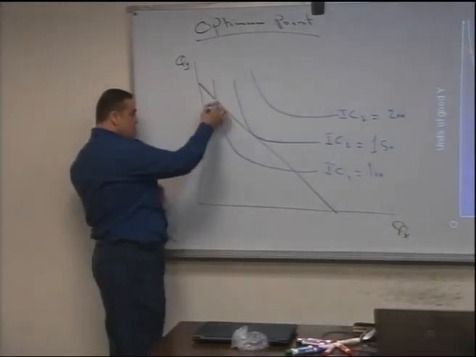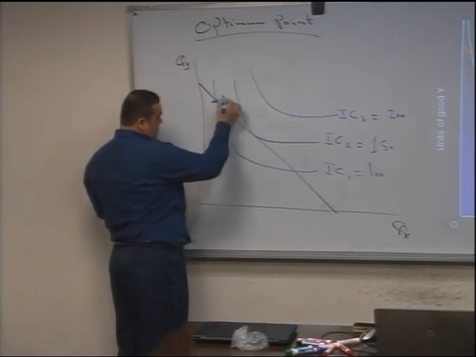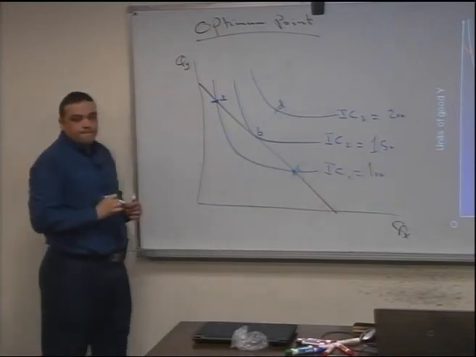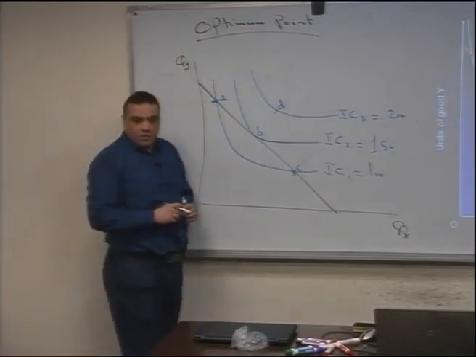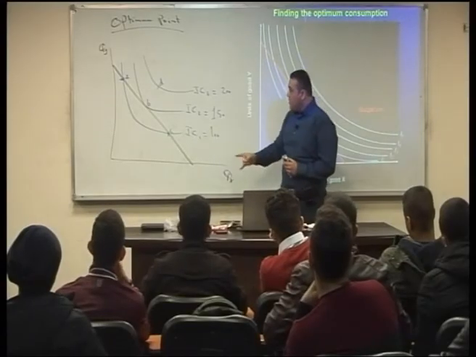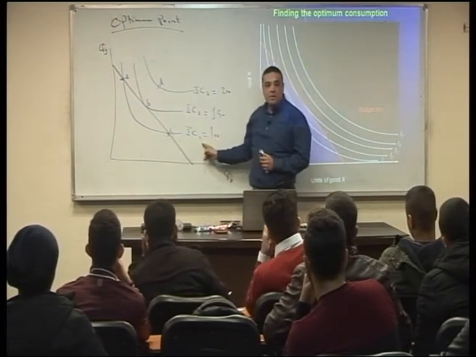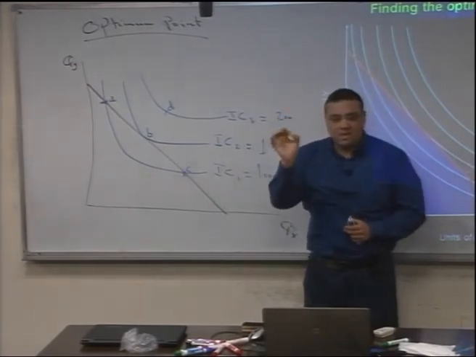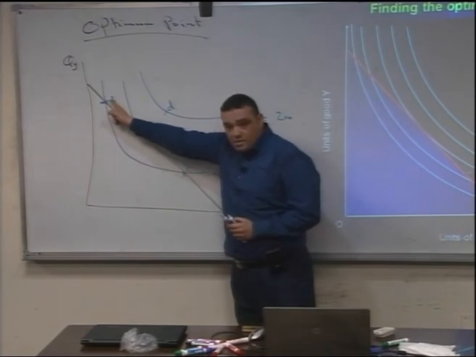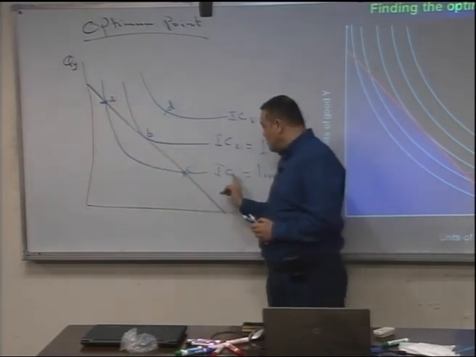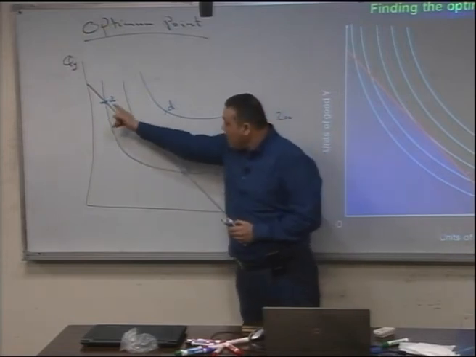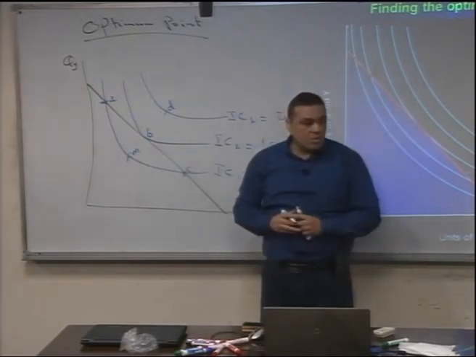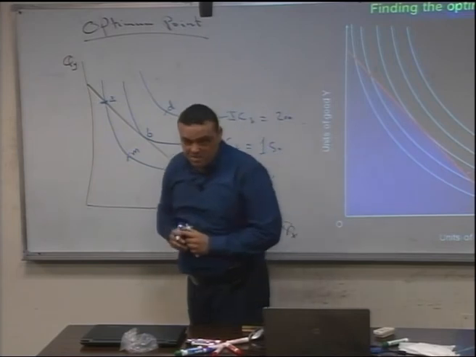And let us assume the following points: point A, B, and C, D. As we mentioned before, each point lying along the indifference curve IC1 gives the consumer the same benefits, the same total utility. So point A gives the consumer 100 units, as does C. A equals C, because they lie along the same indifference curve.